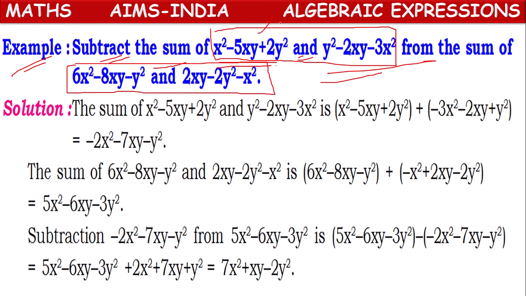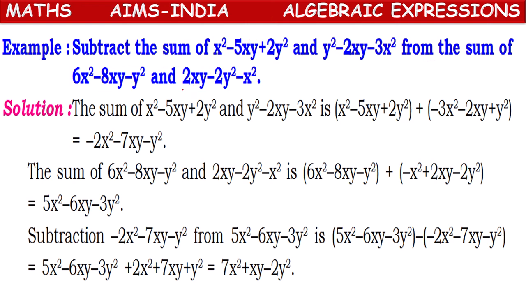Altogether we have 1, 2, 3, 4 expressions. We have to do the sum of 1 and 2, and we have to do the sum of 3 and 4, and we have to subtract the first sum from the second sum. That is the question, children.